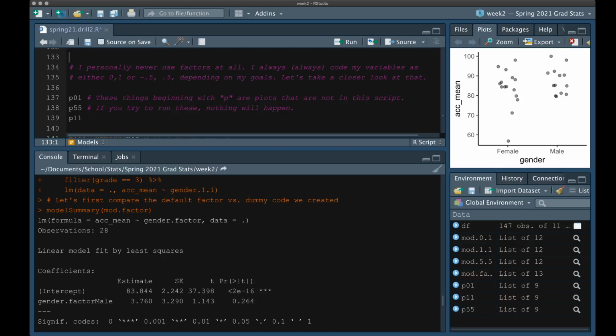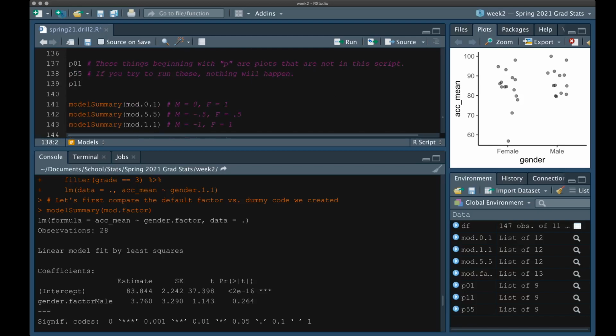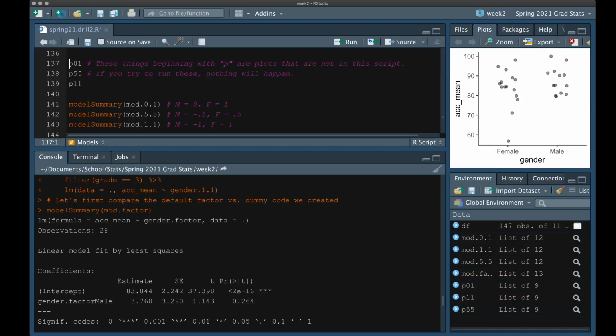But first, here are the 3 plots that I'm going to run as we talk about these models, hoping that by visualizing it, we can start to understand really intuitively what these regression tables are telling us. Again, P is just a plot, and if you run these lines, nothing is going to happen because you don't have these plots; I ran them separately.